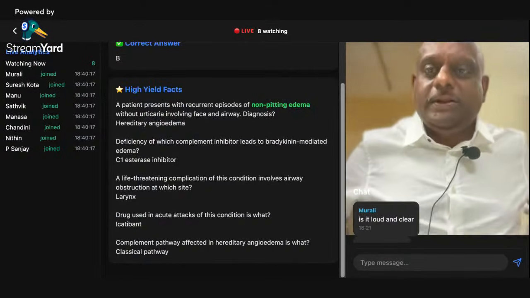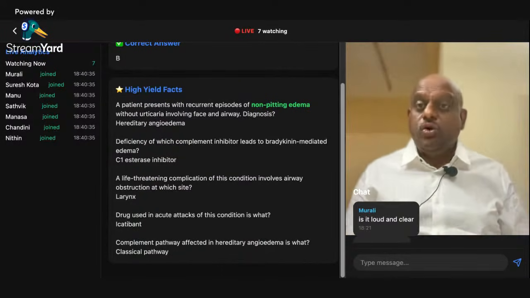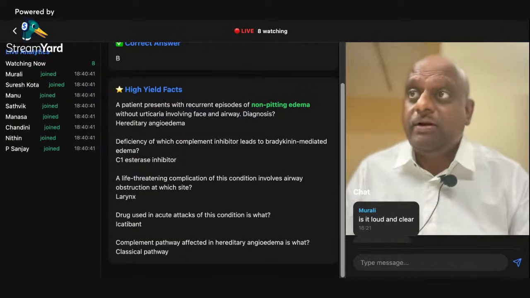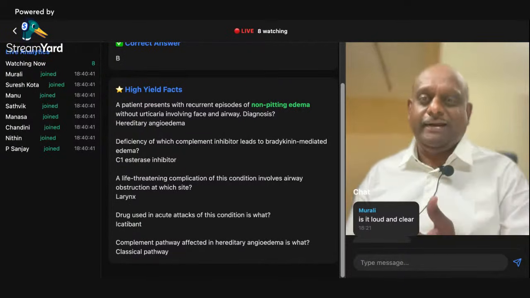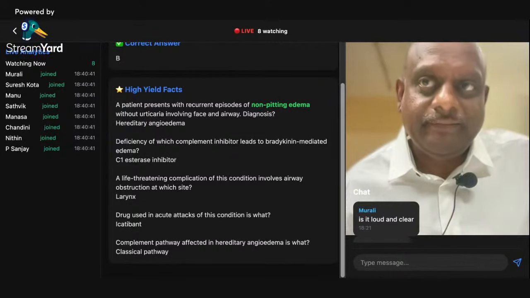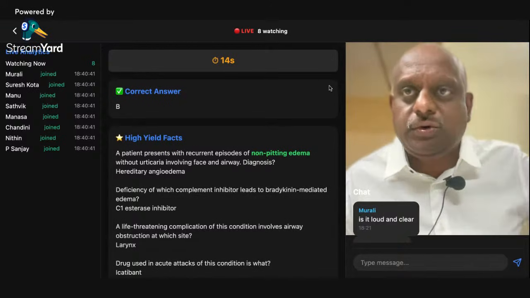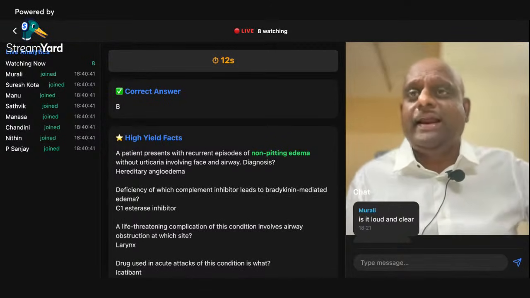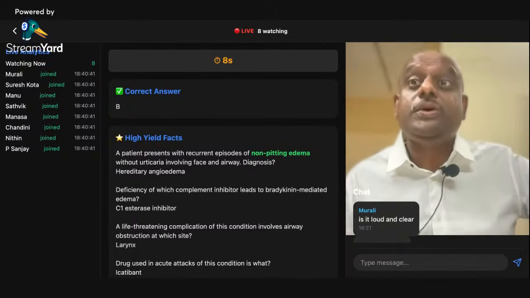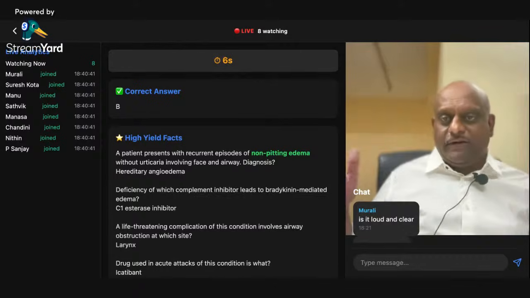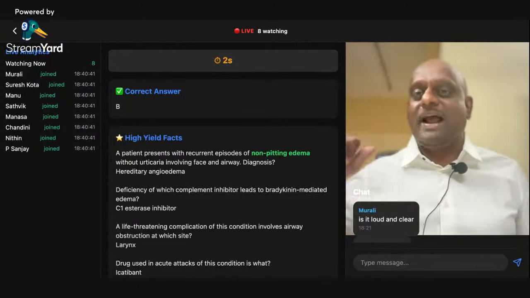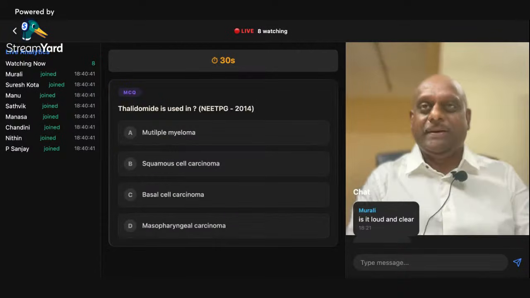Whenever any patient is presenting with recurrent episodes of non-pitting edema without urticaria involving the face and airway, think of hereditary angioedema. And what is the drug which is used to treat acute episodes of hereditary angioedema? It is icatibant, which you need to remember. And there are two pathways, classical and alternate. Which pathway is affected in hereditary angioedema? It is the classical pathway, which you need to remember.